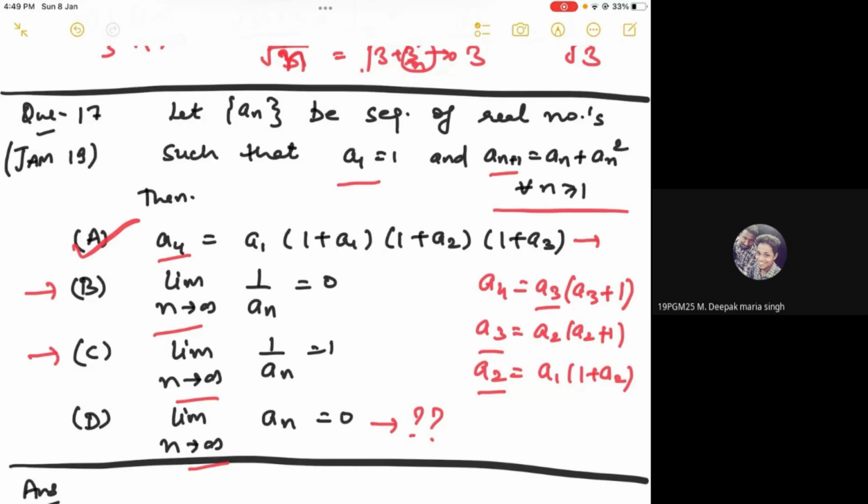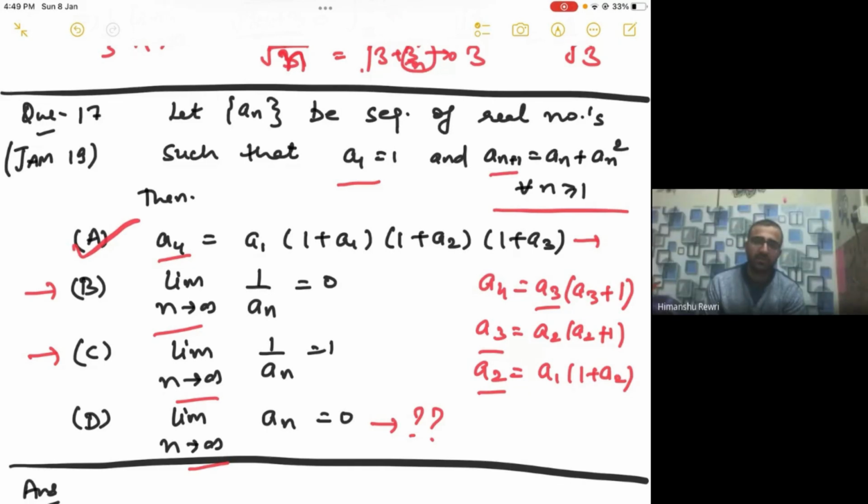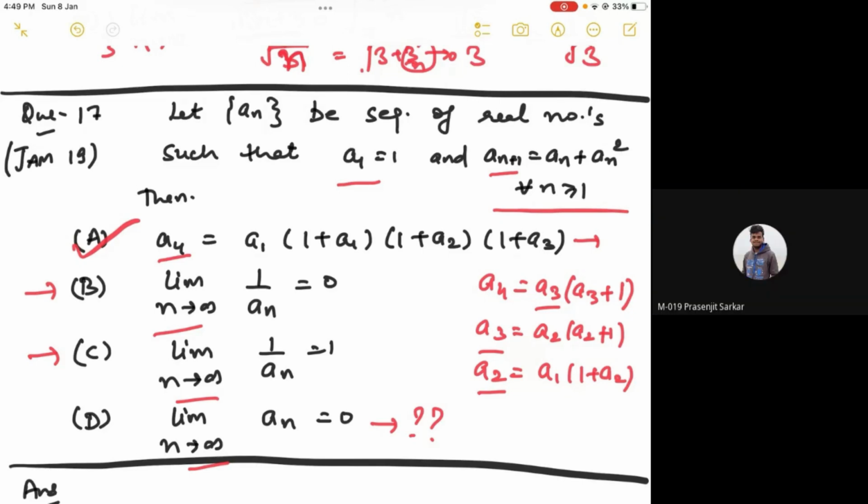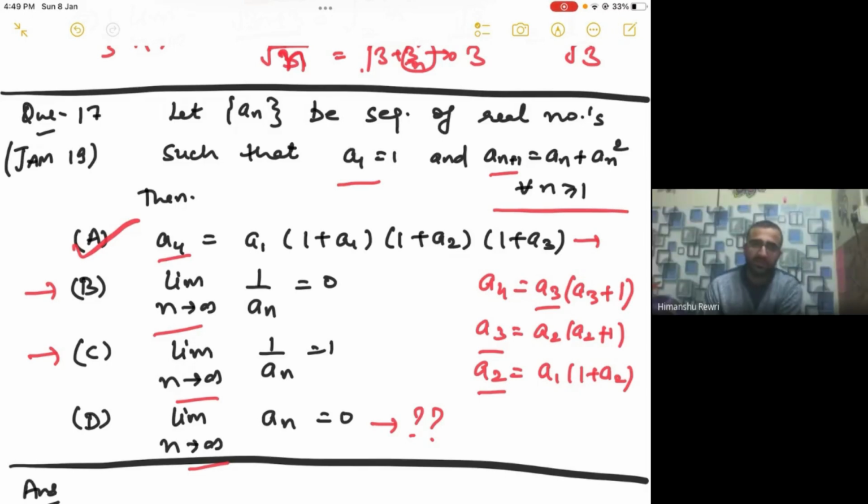Take an to be common in that, then it will be an into an plus 1. Option E is not true because it tends to infinity. An is an increasing sequence and A1 is 1, so this will go to infinity. So this is incorrect.